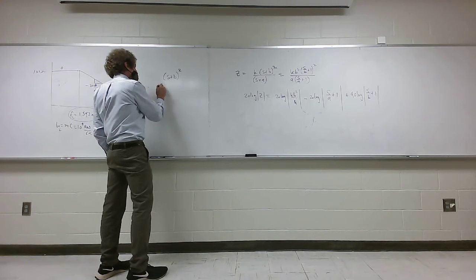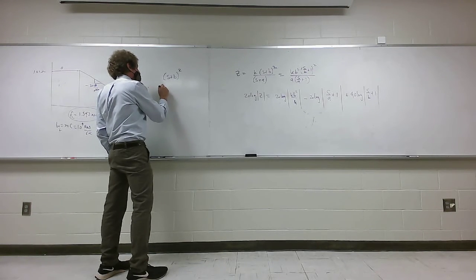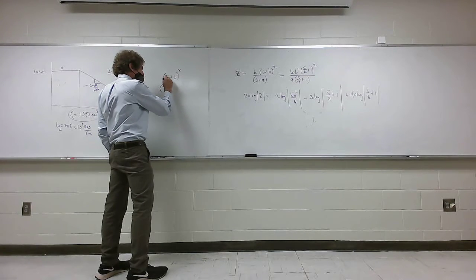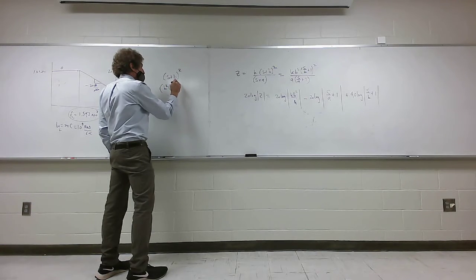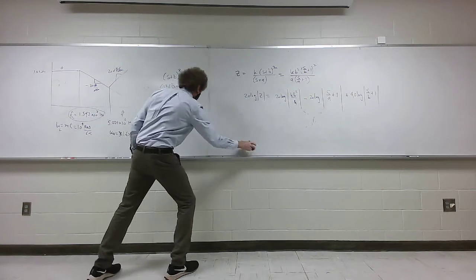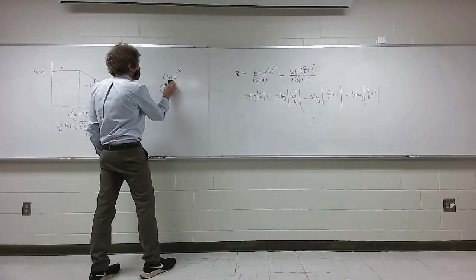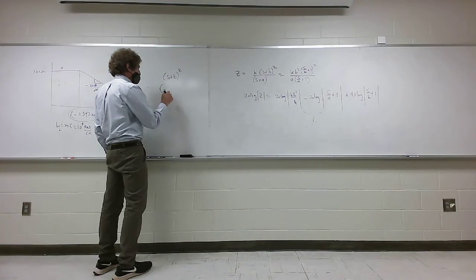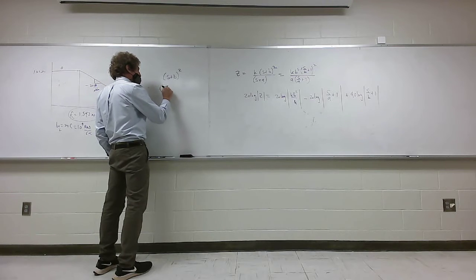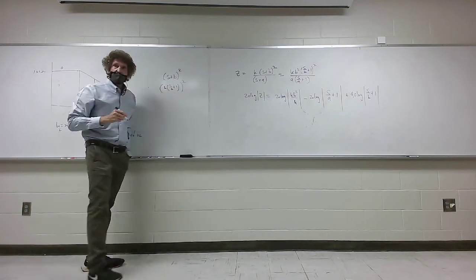Follow me. I'm going to take a B out of here. I'll take a B out, so I have S over B plus 1, still squared.